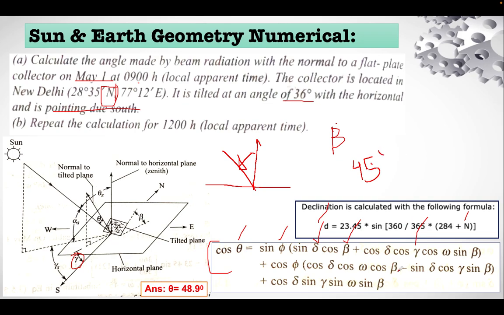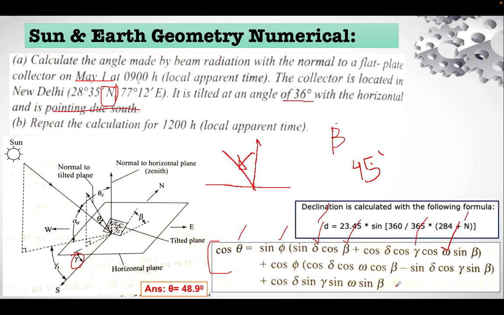So put that in this particular formula. All the angles we calculated from the given information, just put those angles into this equation. As the gamma value is 0, whenever there is any sine gamma, that whole term gets cancelled, because sine 0 degree is equal to 0.